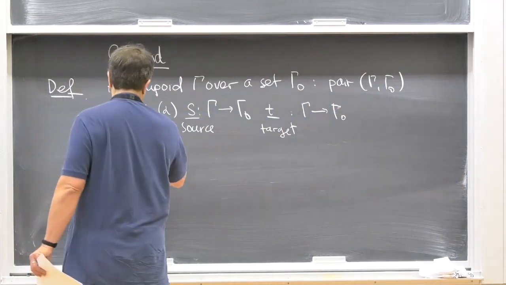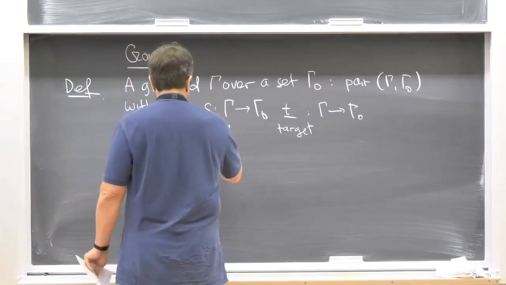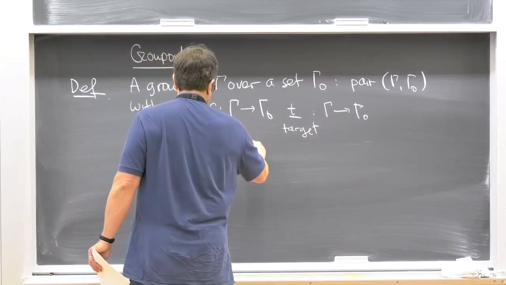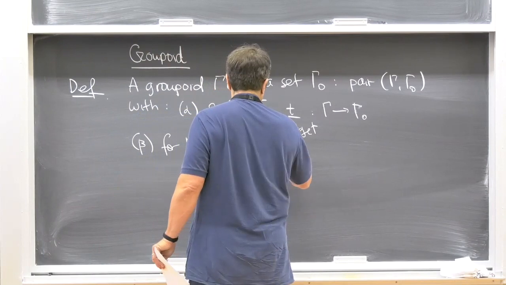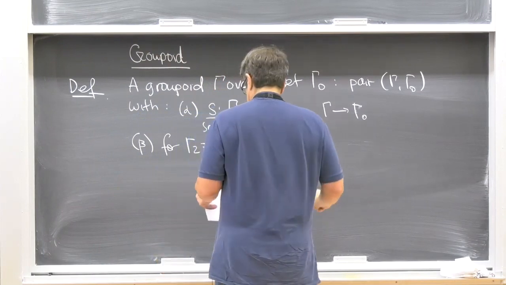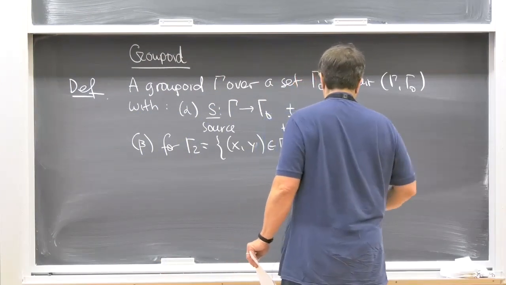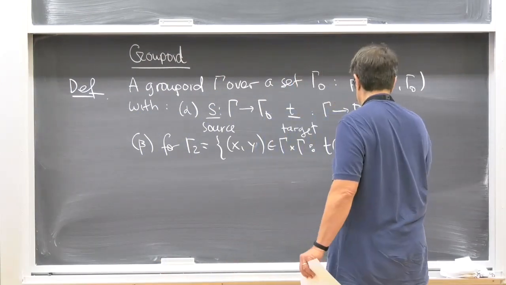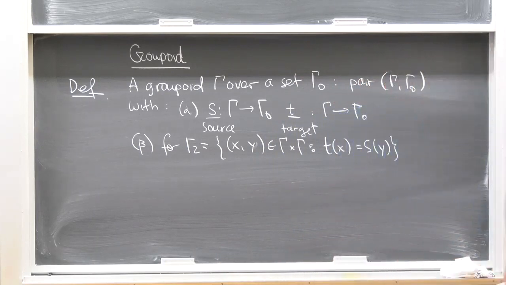So we say that for gamma 2, that is a pair of these objects, an ordered pair, such that the target of X is the source of Y, we can define a composition.